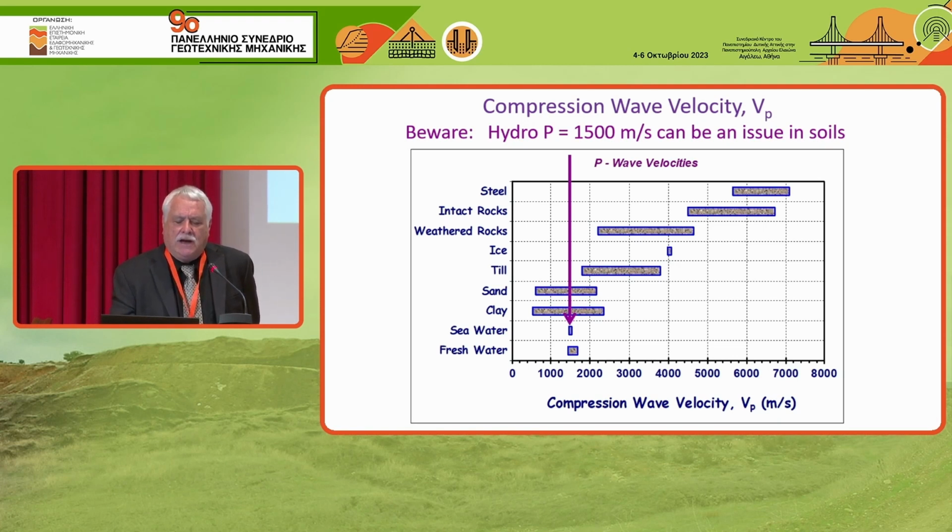And so you're not quite sure when you bounce waves into the ground, is it loose sand, medium sand, close to the P wave velocity of water, or dense sand? Same thing with clay. Is it soft clay, medium clay, or hard clay? And it's really not directly possible unless you have some ground truthing, say through a soil boring or a sand.